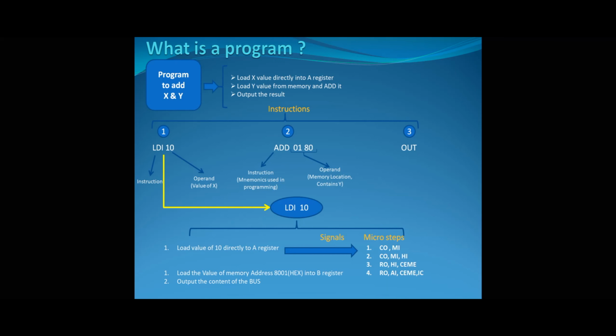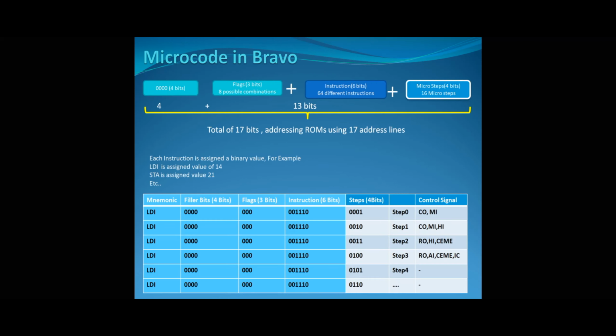All right, so let's go ahead and have a look at the last slide. I know that it's getting a little bit long, but I thought that all of those little details probably will be useful to you guys in understanding Bravo and how the microcode is structured. Now, as I said, the microcode is addressed through a 13-bit output from the flag register, instruction register, and the microstep.